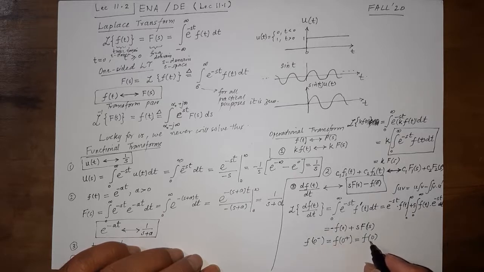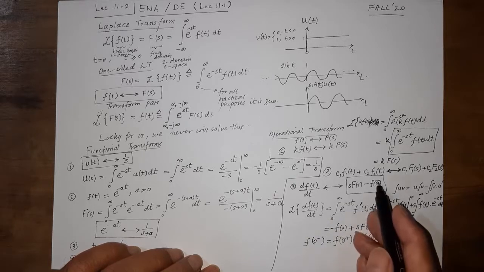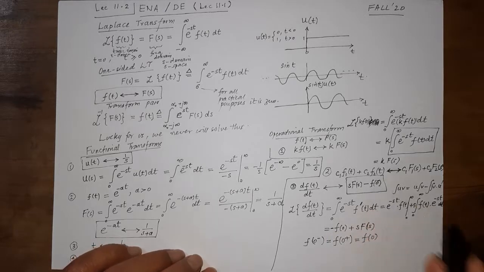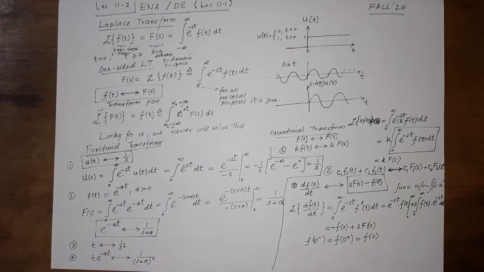But if that is not the case, suppose instead of the current through an inductor we are dealing with the voltage across an inductor, and these can be different. Then the notation becomes very important, because what we are really interested in is the value of the function at 0 minus, not 0 plus.